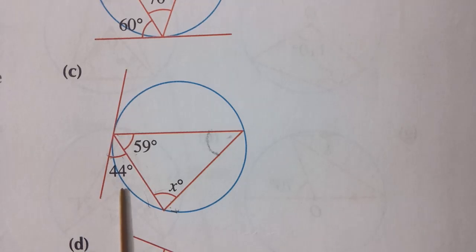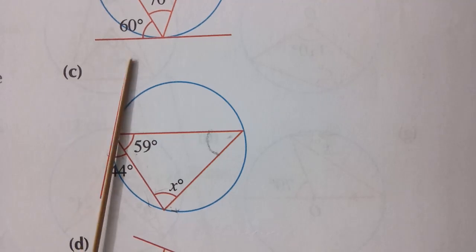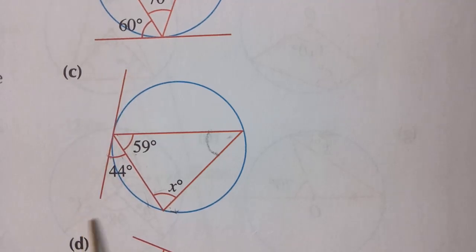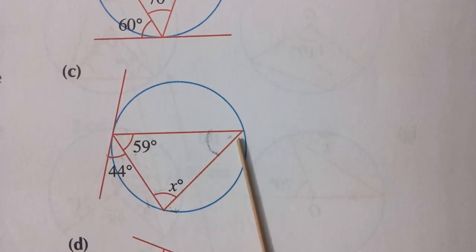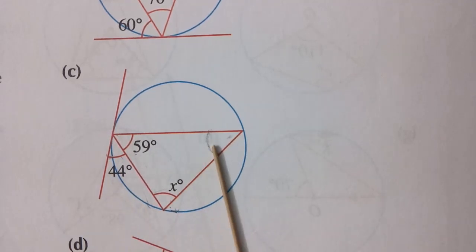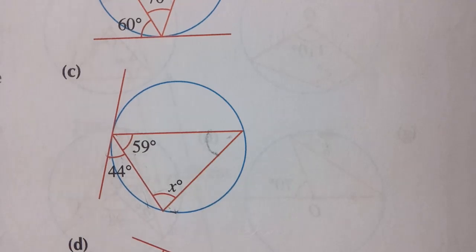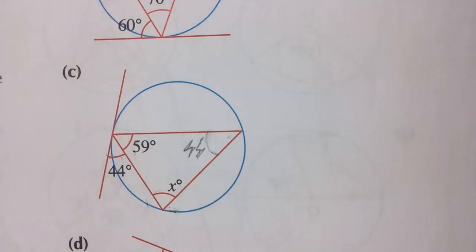This angle is 44, the angle between the tangent to the circle and the chord, and the angle subtended by the same chord in the alternate segment would also be 44 degrees.